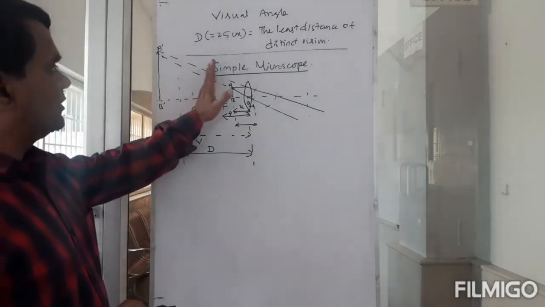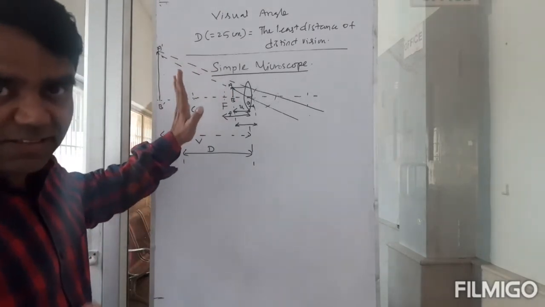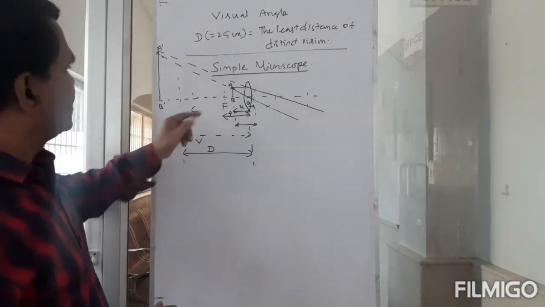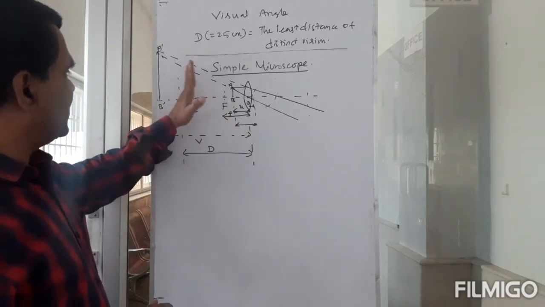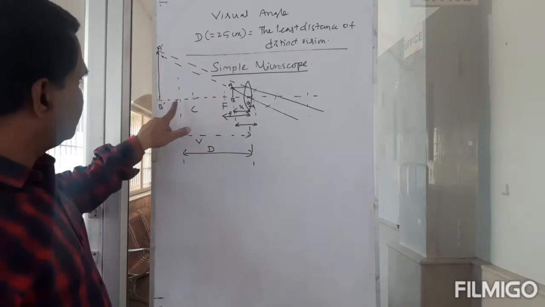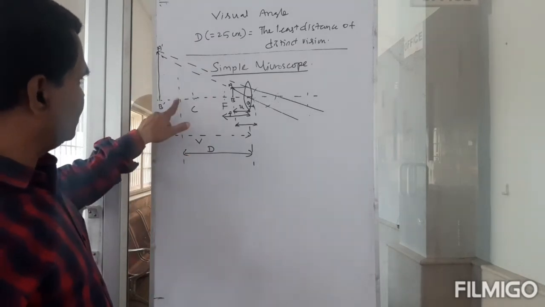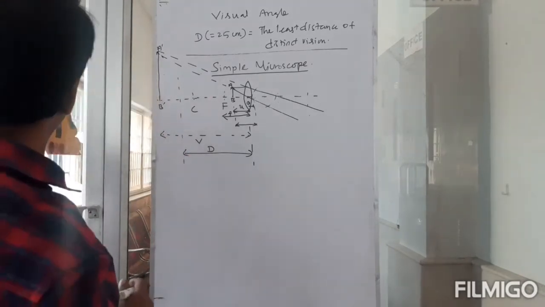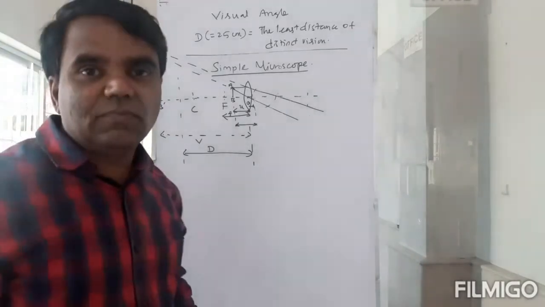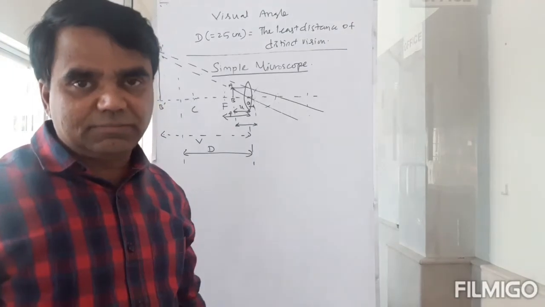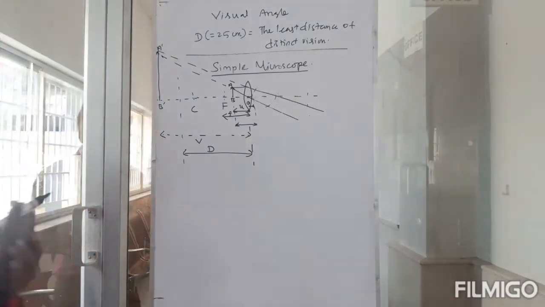If the image is formed within D, then I can't even see that image clearly. So I will adjust my U in such a way that the image formed is beyond this D, and it can get formed at any other place. That doesn't matter at all. I will still be able to see it clearly. We know that.